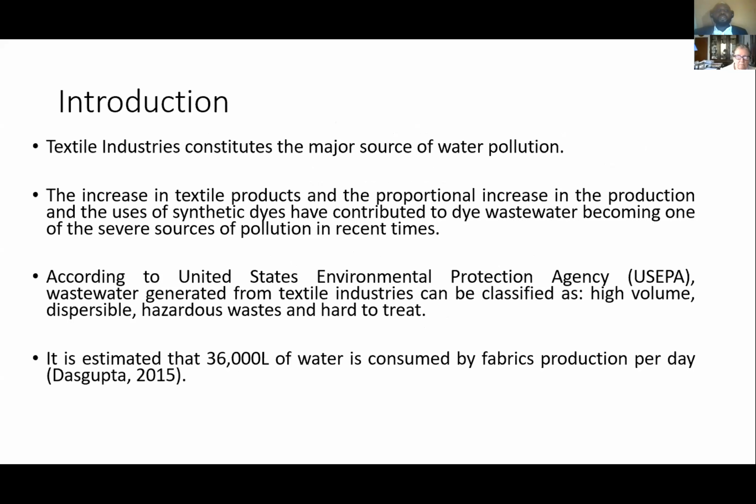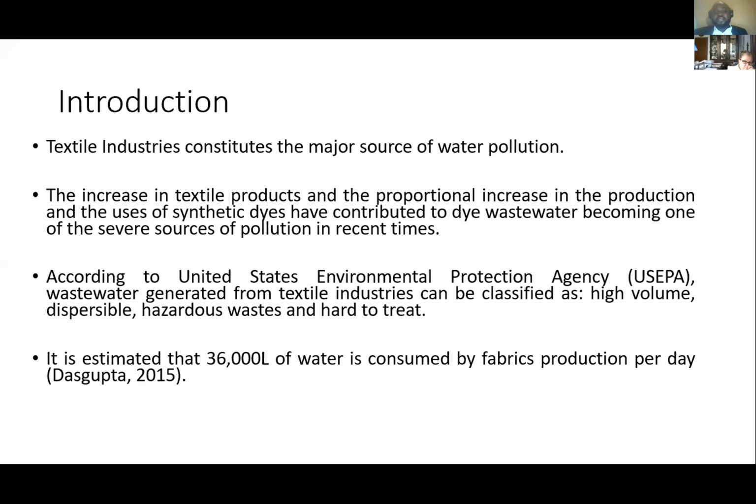As we know, the textile industry constitutes a major source of water pollution due to anthropogenic activities, due to the consumption of water and pollution as a result of the consumption. The increase in textile products, we all know, is proportional to the increase in the amount of synthetic dyes being utilized.